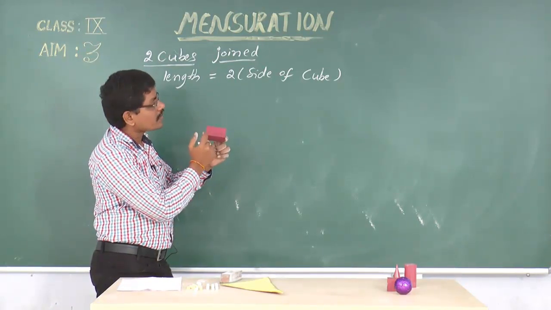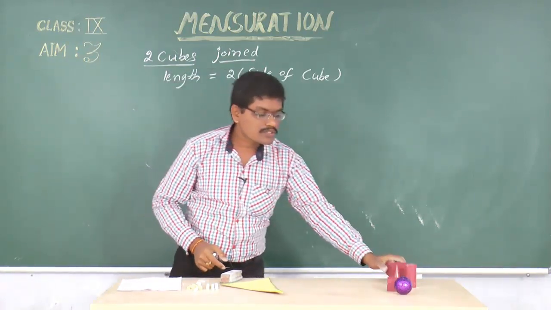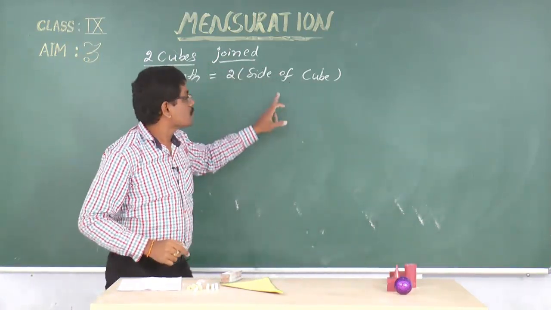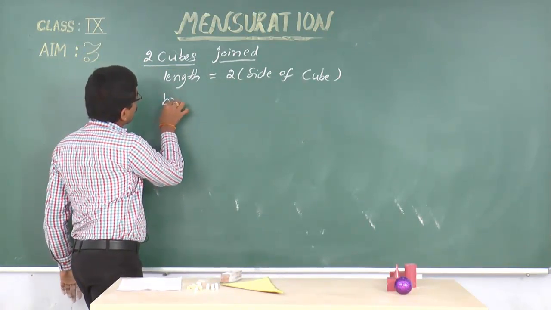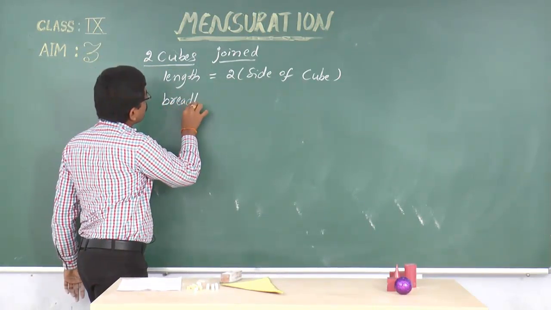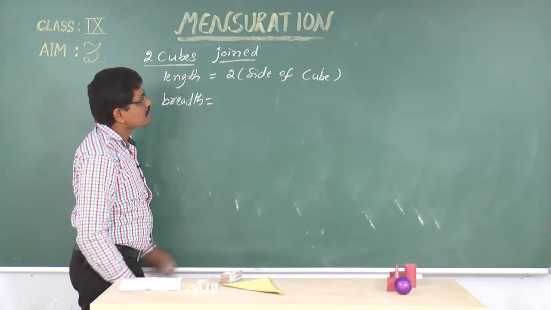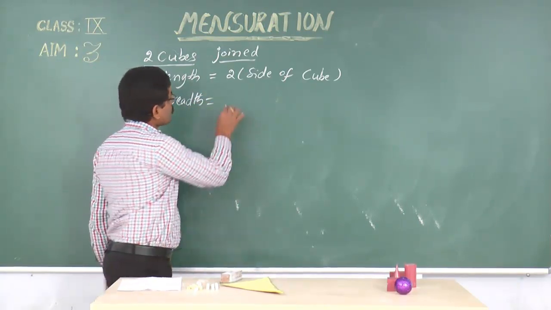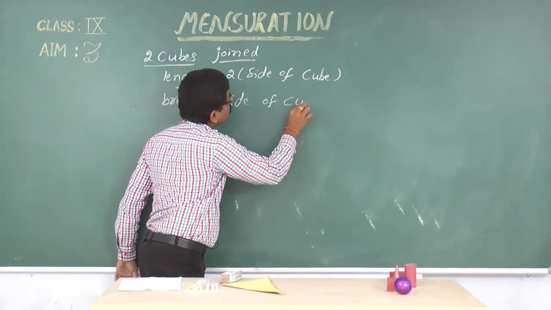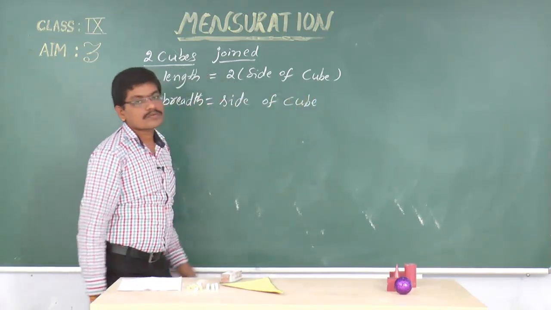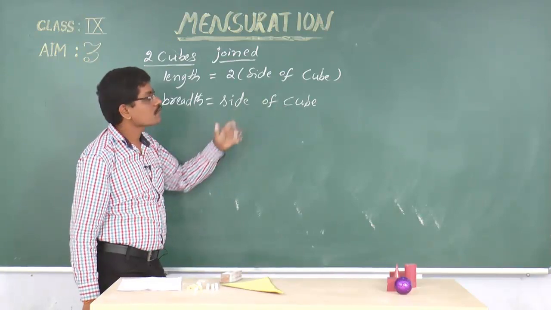So the total length will be double the side of that cube. Next, breadth. Breadth is the same, side of cube.